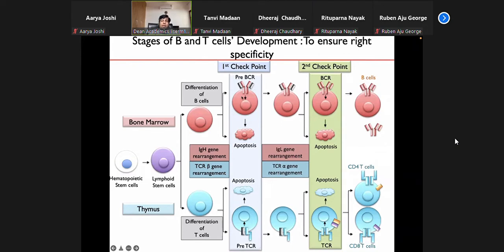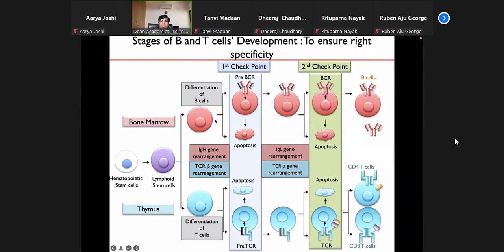Now, if this is actually recognizing your own antigen, because in bone marrow you also have a lot of these cells making stuff, you really do not want to select any antibody-producing cells which recognize, through their product, that means the antibody, your own antigen.